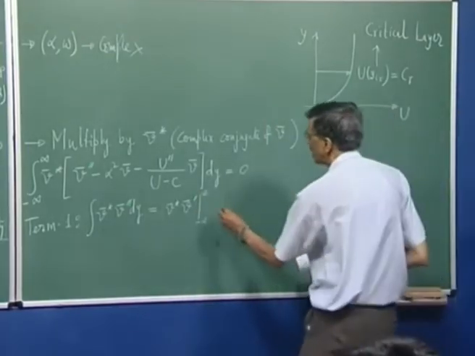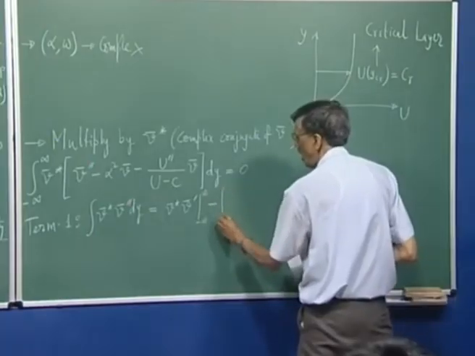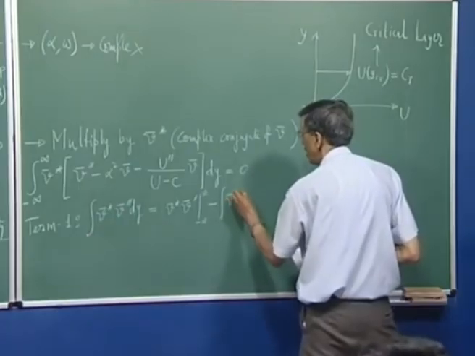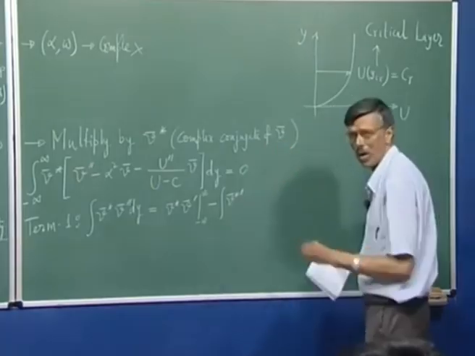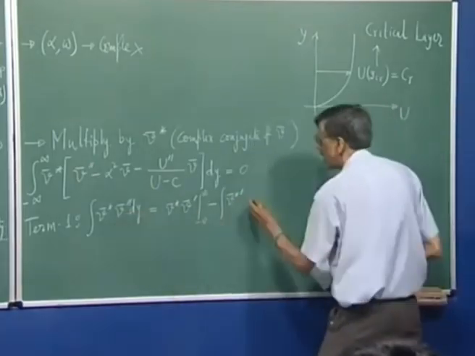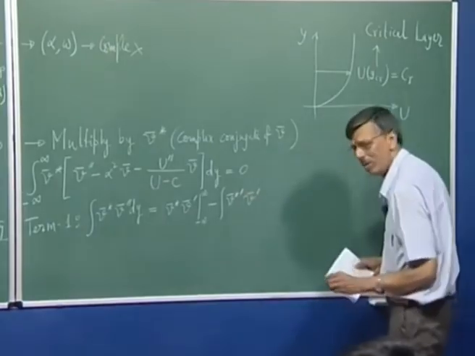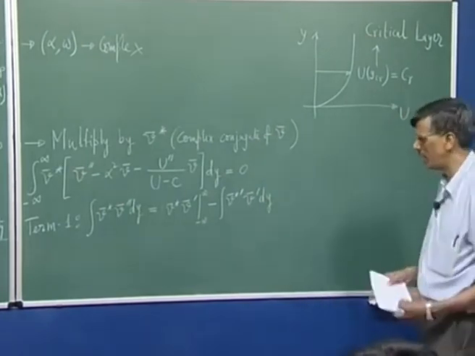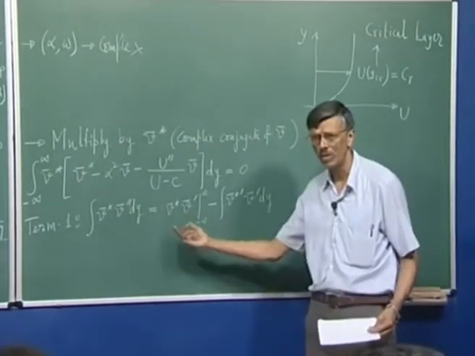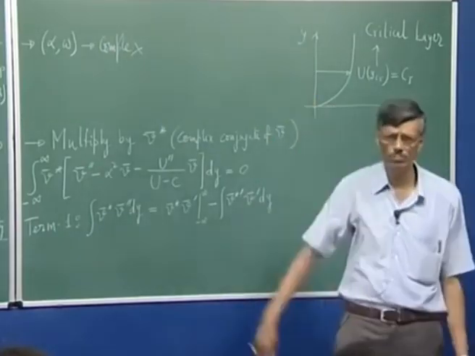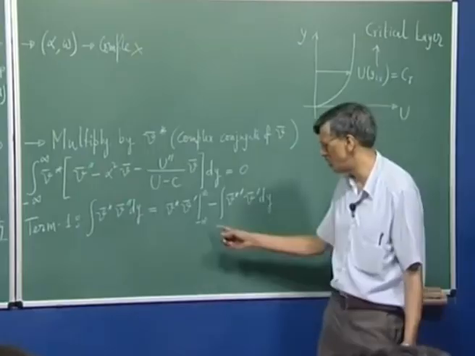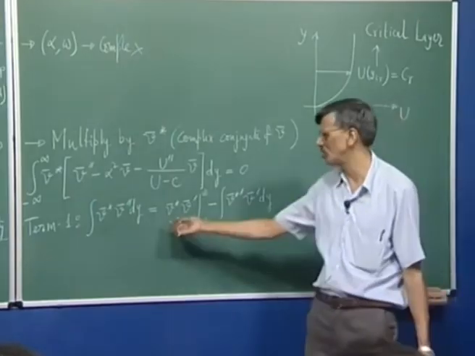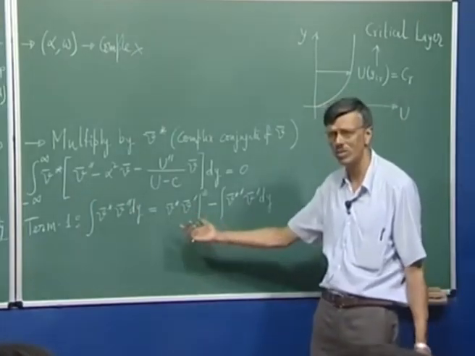Then what do I get? Here I will get the differential of this, that will be v bar star prime. Then I have already integrated this once, so that is there, and then again I am integrating. Now, you can tell me the fate of this term. See, if we are going to the end of the region of interest, that is where disturbances go to 0. If the disturbances go to 0, the conjugate also will go to 0. So, this term does not survive.